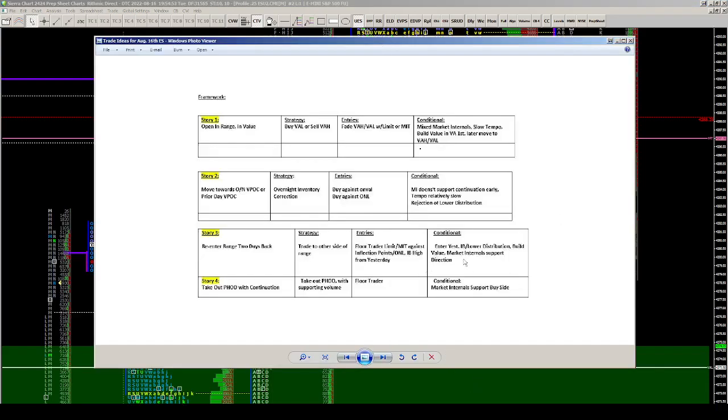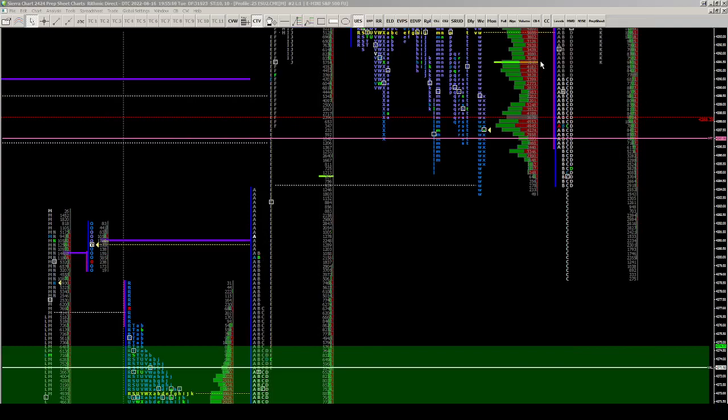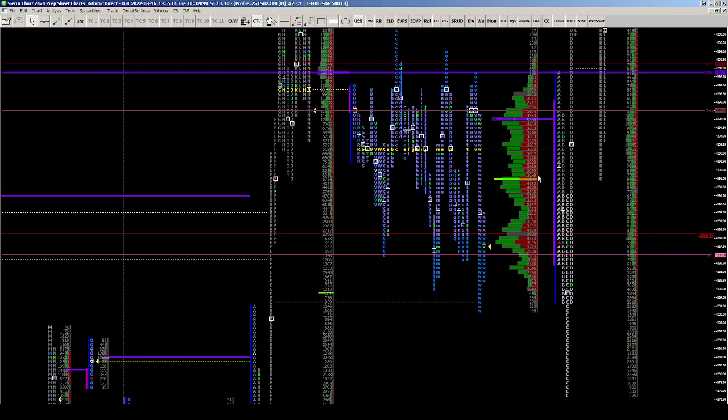So again, here I have the, why does that look a little blurry? I guess it didn't take a great snapshot. Now, the last thing that might happen, because we opened in range and value, I didn't know if it was going to go up or down. But we did go down first. The first part of the day was correcting some of the overnight inventory, if you want to call it correcting.